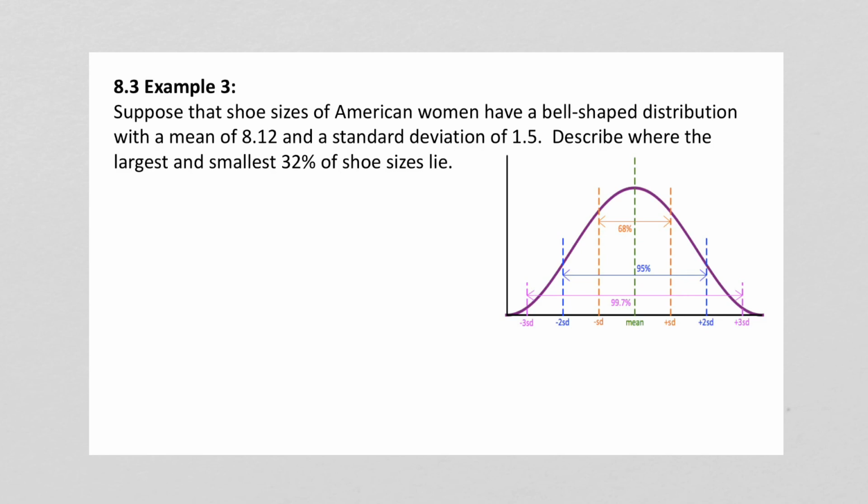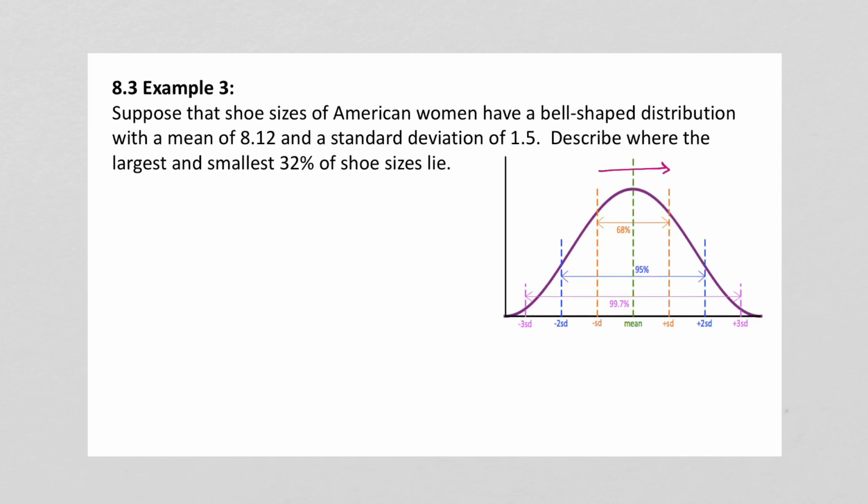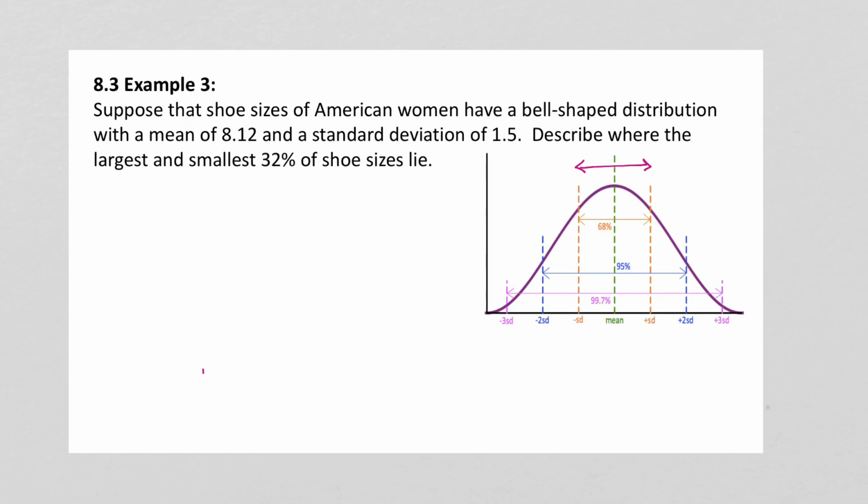We know that 68% is one standard deviation from the mean. So if we take 100, subtract 68, that gives us 32%. So 32% would be below 1 standard deviation from the mean and above 1 standard deviation from the mean.